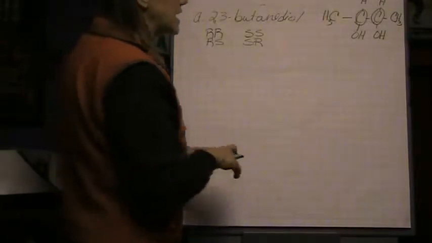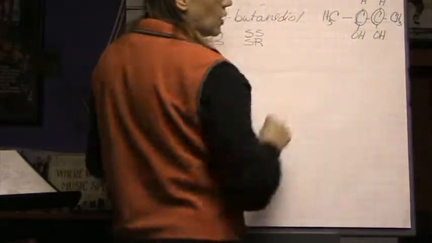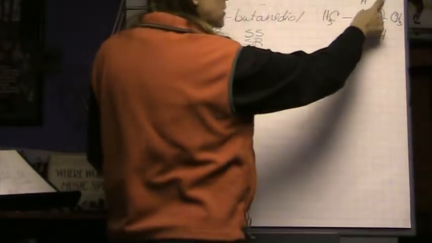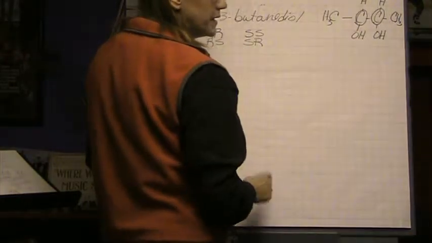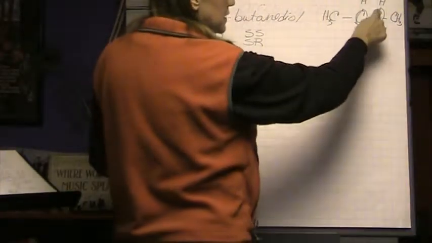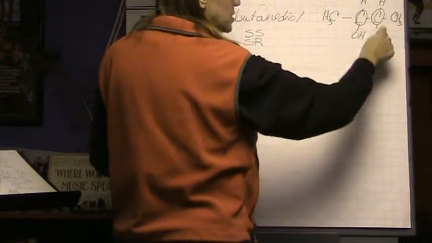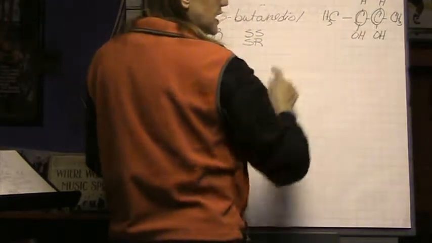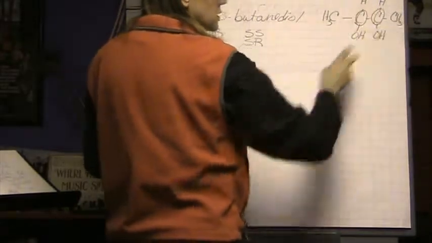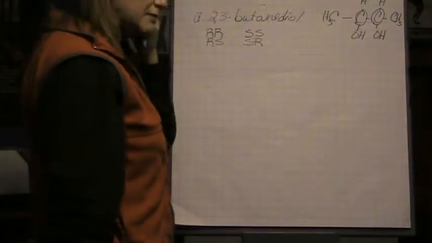They both have an OH. They both have an H. They both have a CH3. And last but not least, the big attachment, CHOH CH3, is the same as well.